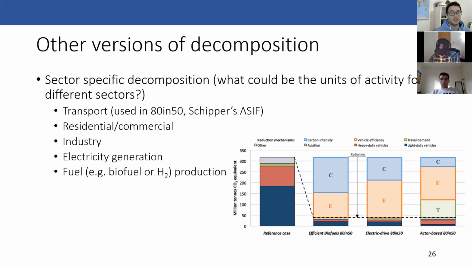But there are a couple other examples as well. This is from an 80 and 50 decomposition model. This is from the actual report, which is a fairly well-known report that came out of Davis in the 2000s.